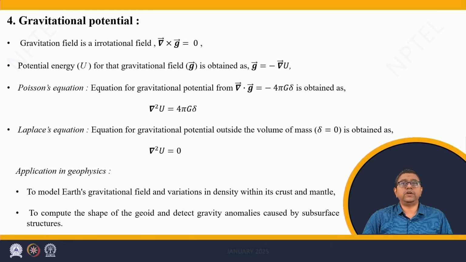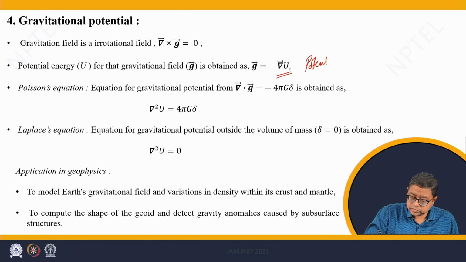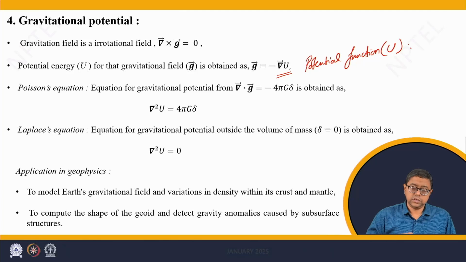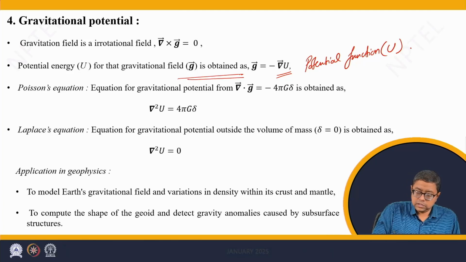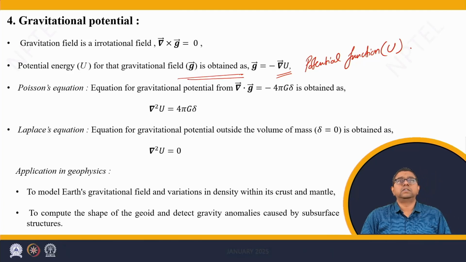Next, we look into the gravitational field and its potential function. This is the result of the irrotational field property of the gravitational field.